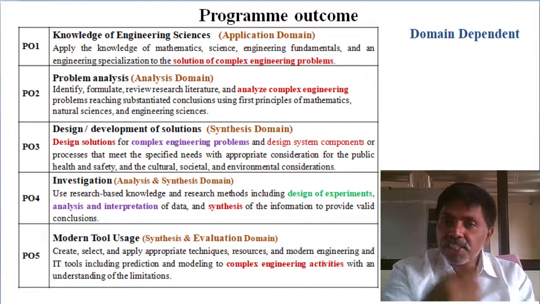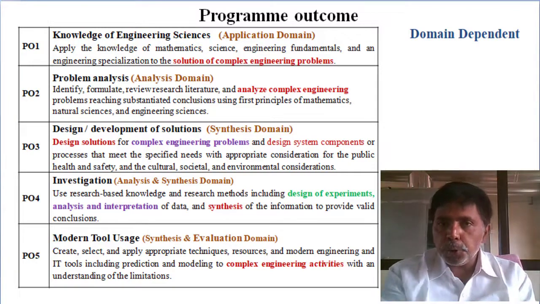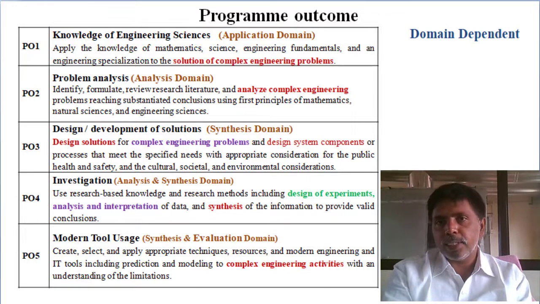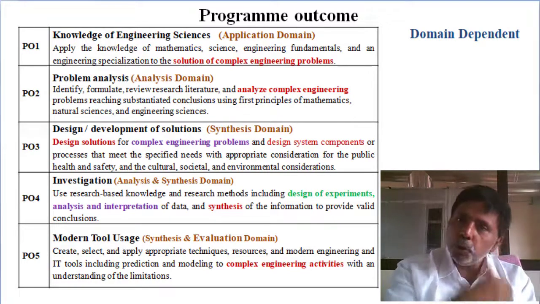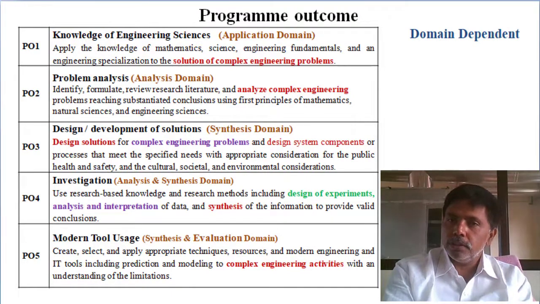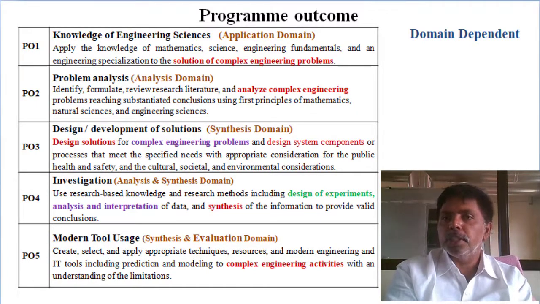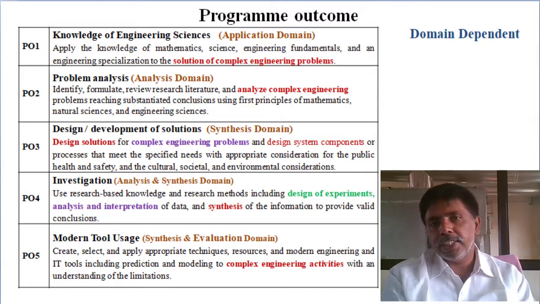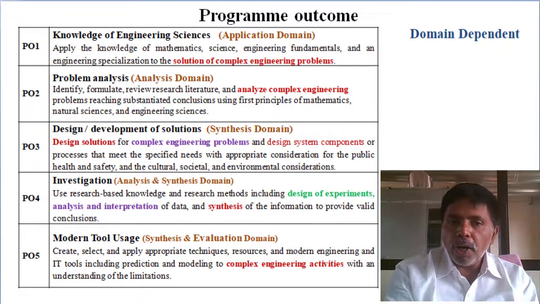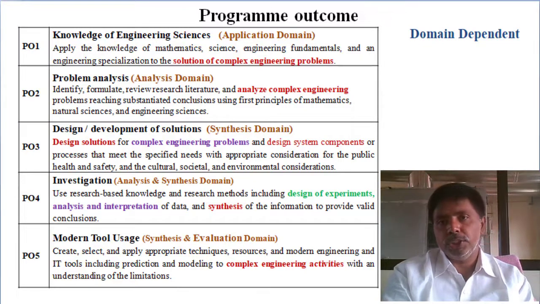Fourth one: investigation, with evaluation, analysis, and synthesis required. Once you design, you investigate your solution, so that time consumption is reduced and cost is reduced. You want to analyze and investigate. The program outcome 5 is modern tool utilization.